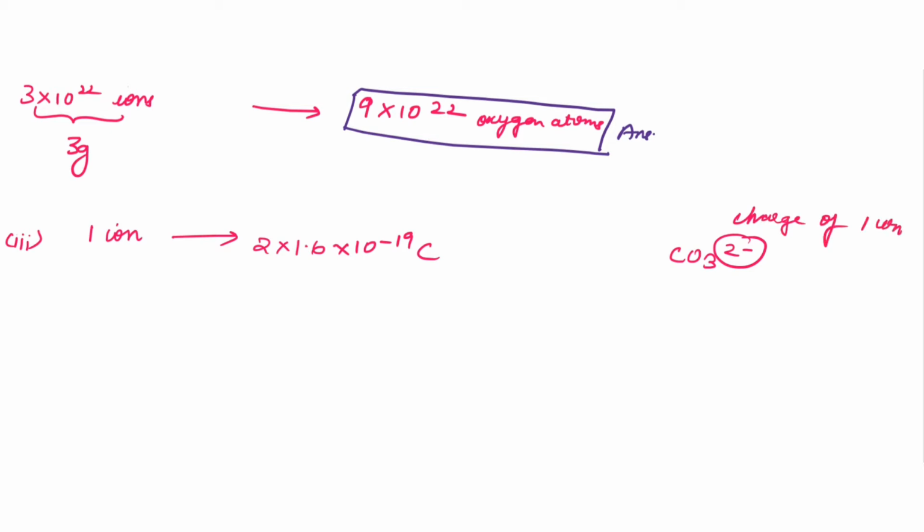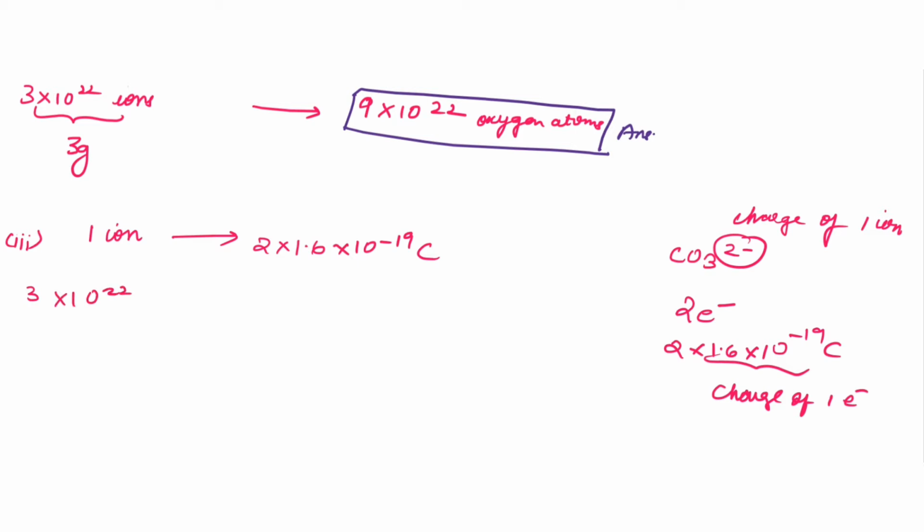So there is a minus 2 charge present in 1 ion. This minus 2 indicates 2 electrons, 2 into 1 electron charge. The charge of 1 electron is 1.6 into 10 power minus 19. So that's how we got the number 2 into 1.6 into 10 power minus 19 coulombs. This is the charge present in 1 ion.